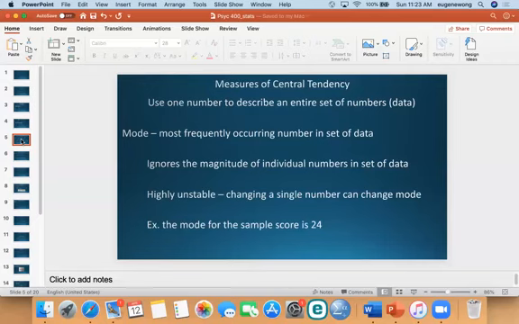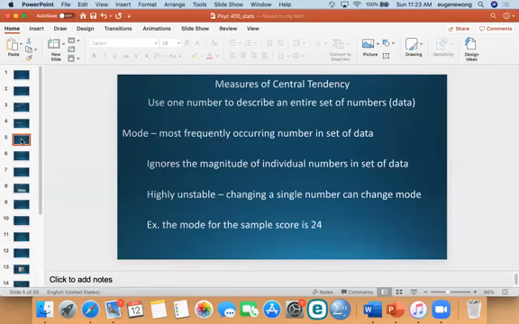It's just looking for the score that happened the most frequently, and it's just reporting that score and using that number as a description of the whole set of scores. So it really doesn't matter what the magnitudes of the individual numbers are. All that matters is how many times did the numbers happen, and I'm going to report the number that had the most frequent occurrence in the set of data. Okay, that's one thing to keep in mind.